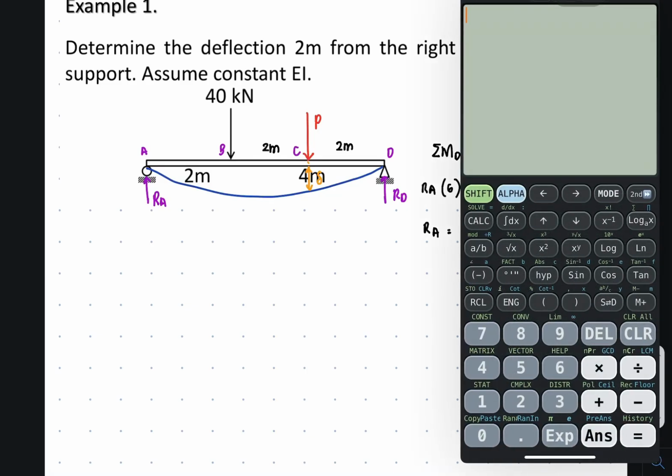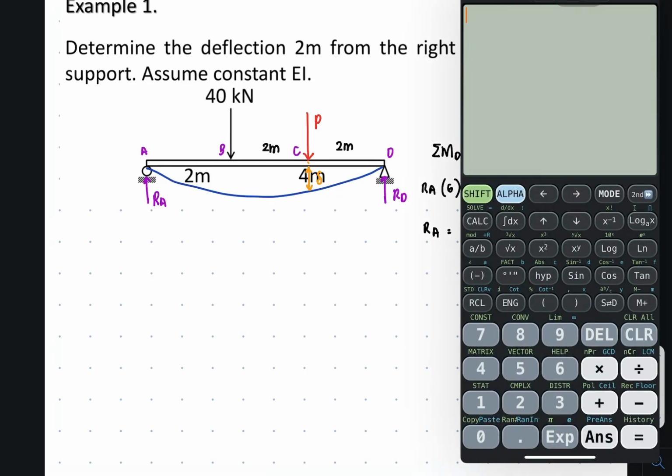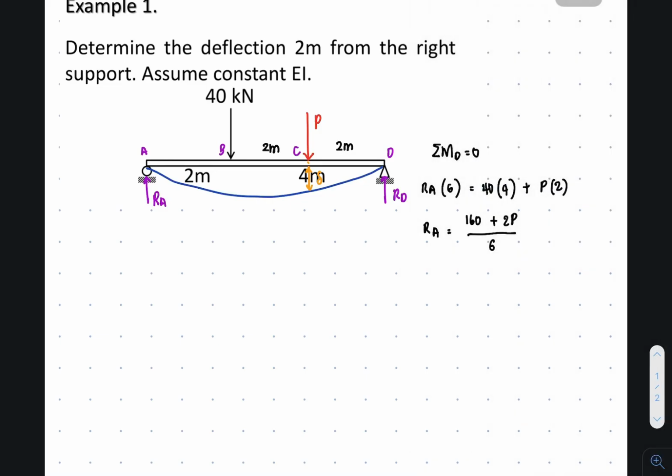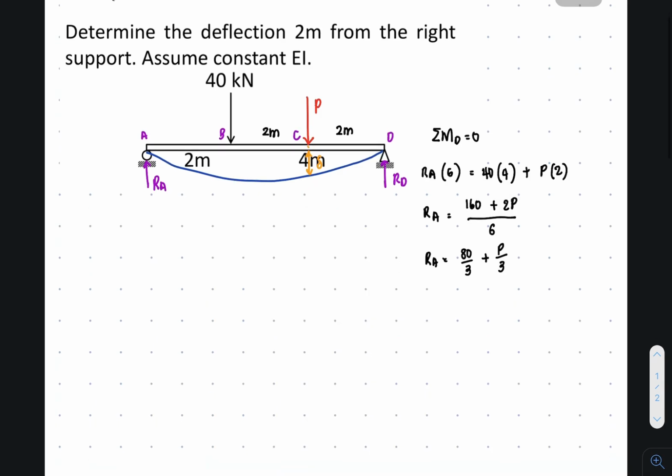So that's going to be 160 divided by 6. That's 80 over 30. So RA is 80 over 3 plus P over 3. So that is the value of our RA.